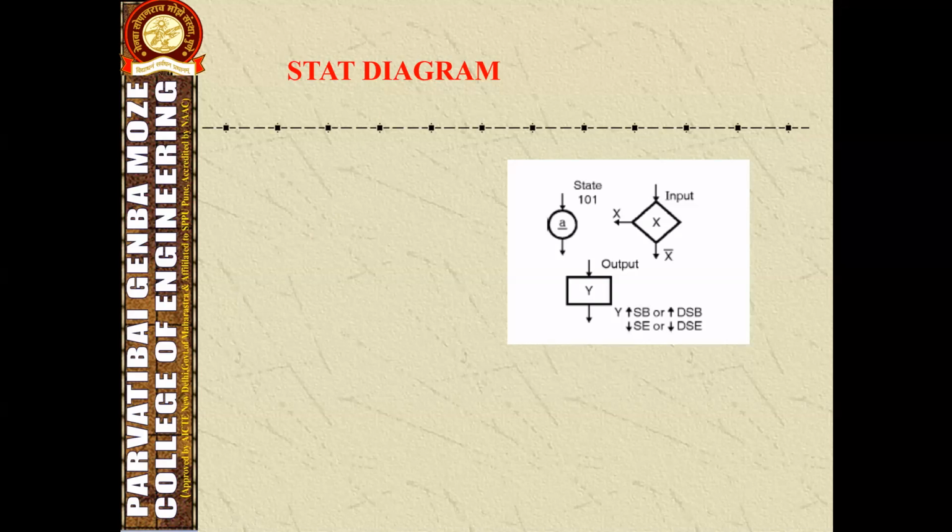In addition, the state diagram can be quite useful in designing a machine from a set of specifications. The circular state symbol contains the name of the state with the state code adjacent to the symbol. So simply we can say that it is a pictorial representation of the behavior of a sequential circuit.